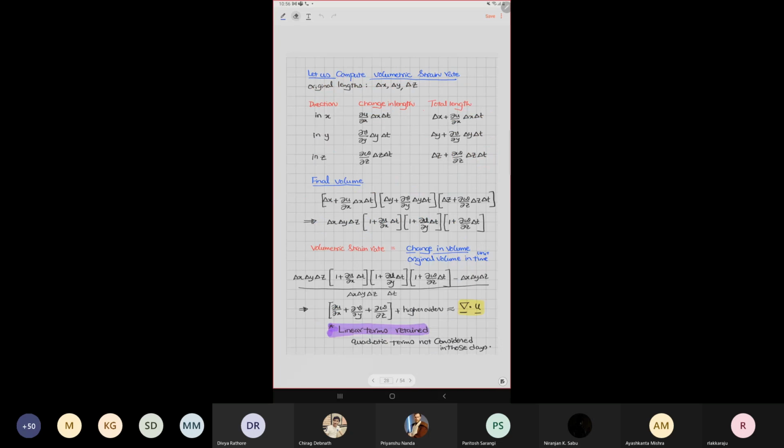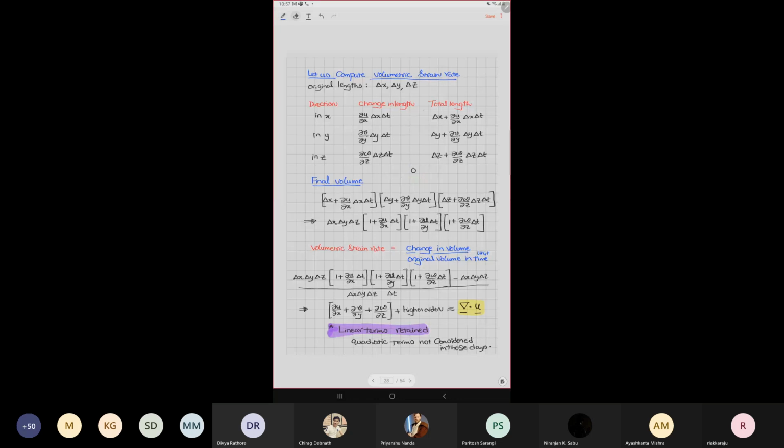Now, let us ask, initially I have a material of size delta X, delta Y, delta Z. Because of these unequal U's, V's and W's, how much expansion happened? Can I really quantify that volumetric expansion?